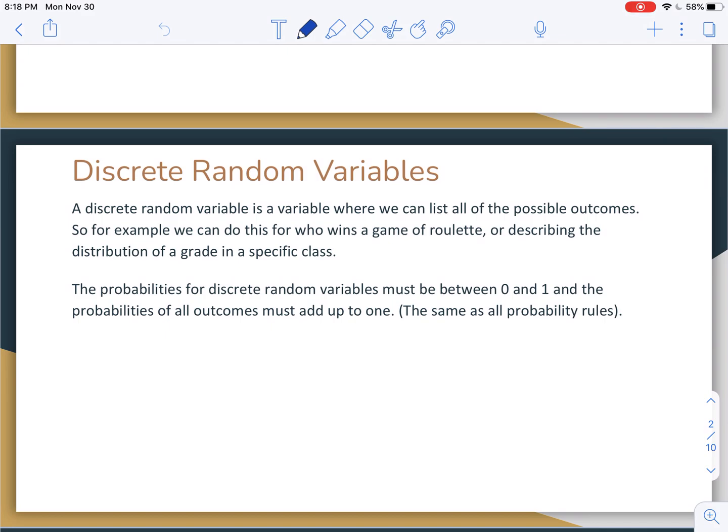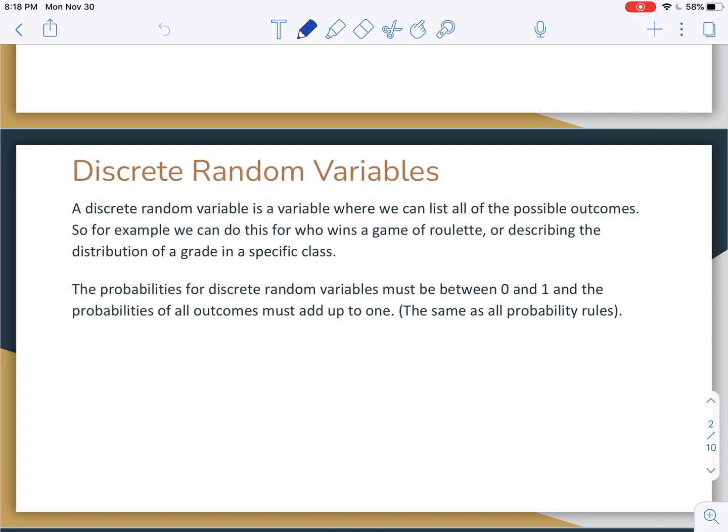Discrete random variable. A discrete random variable is a variable where we can list all of the possible outcomes. So, for example, we can do this for who wins a game of roulette. You can list every outcome: if I bet red versus black, I know the outcome is either you lose money or you win money, and you can list the probabilities of the amount you win versus the amount you lose.